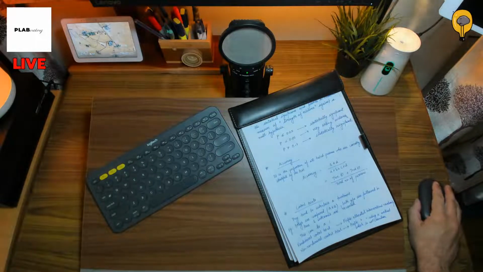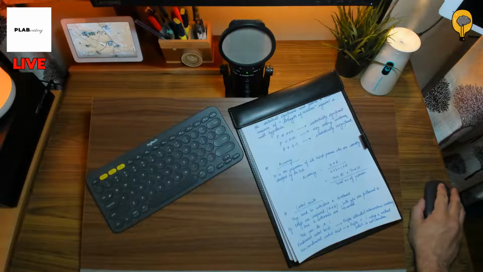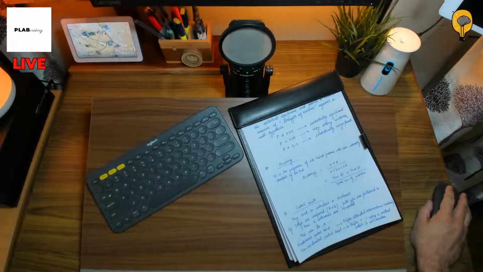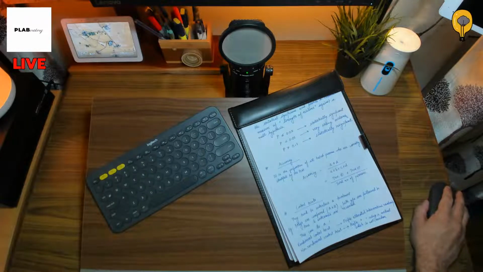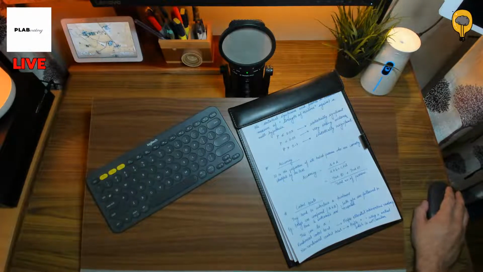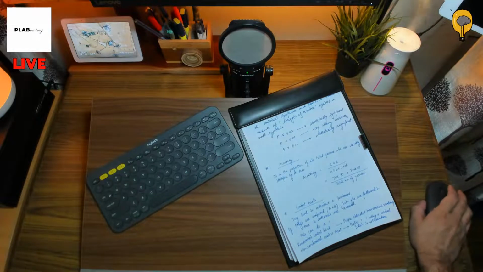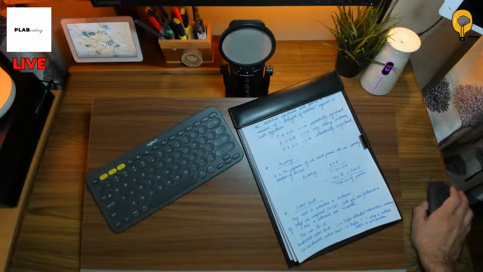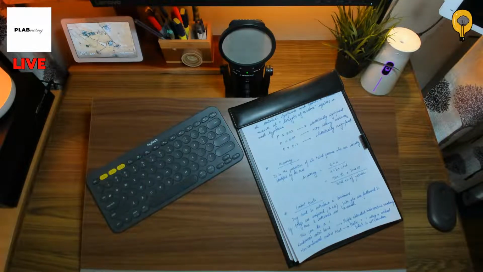So positive predictive value can be described as follows: if a subject has an abnormal screening test, that is a positive screening test, what is the probability that the subject really has the disease? The formula is the number of true positives divided by total positives.